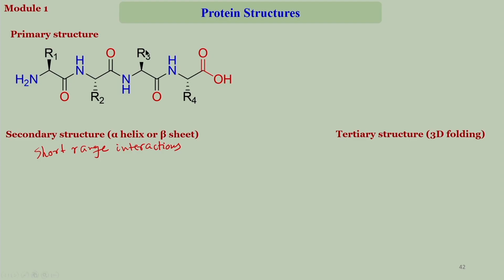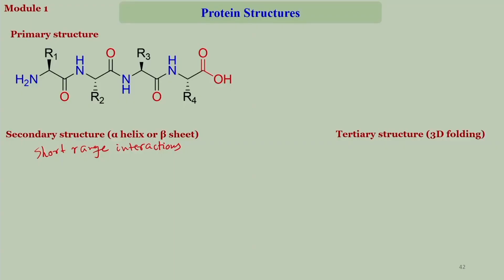So, these are the side chains. Now, for example, here you have amine as the side chain, and here you have acid as the side chain. After a certain kind of orientation, this free amine and free carboxylate can come in close proximity, and they can have electrostatic interaction, they can have hydrogen bonding.